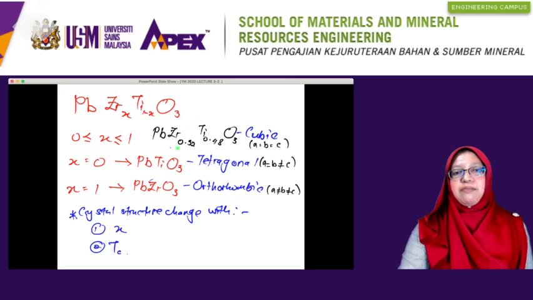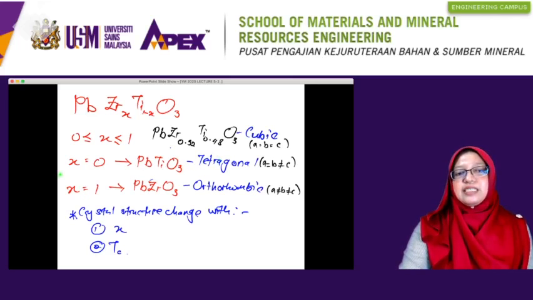For instance, we have PbZr0.52Ti0.48O3, and at this state, it exists as cubic. But when x becomes 0, that means there is no Zr, so it exists as PbTiO3.